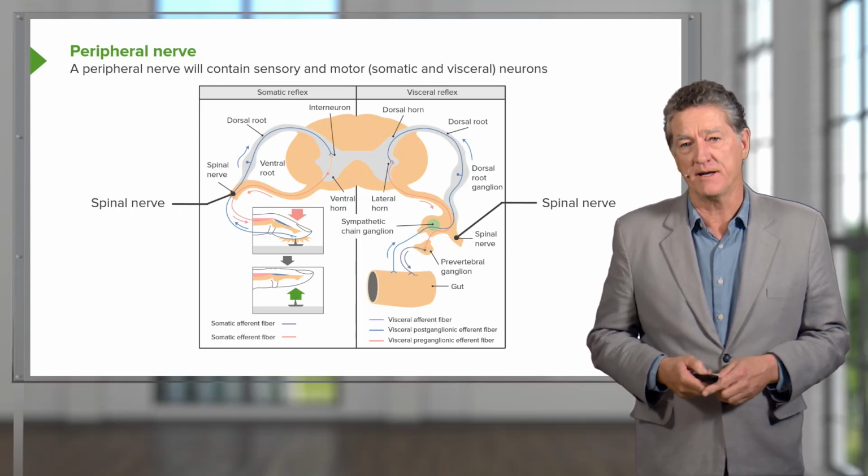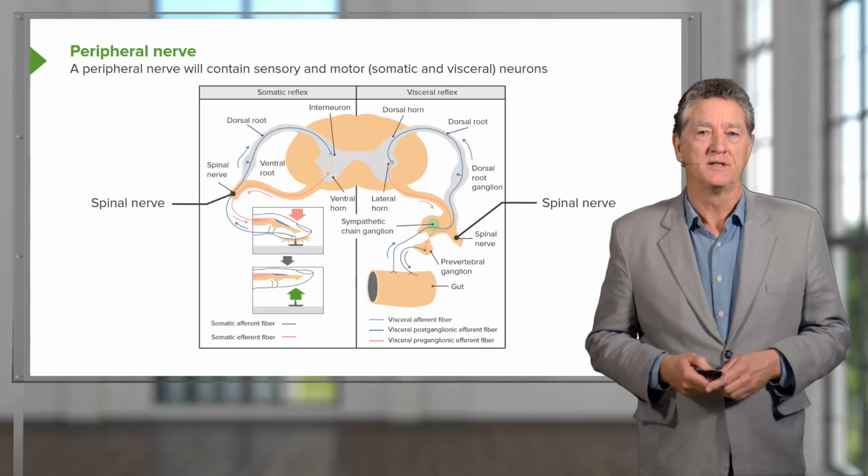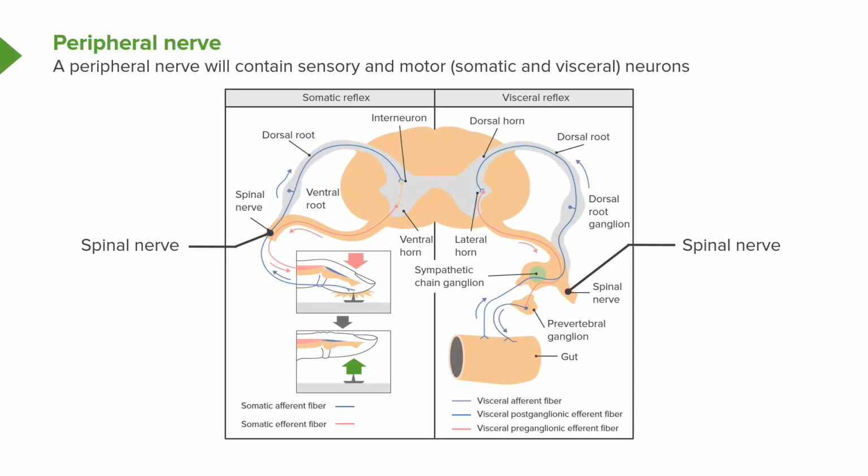Now, in this diagram, a sympathetic pathway is shown because the postganglionic cell bodies are located in here. They're located in the prevertebral ganglion. But there is also the paravertebral ganglion also indicated.